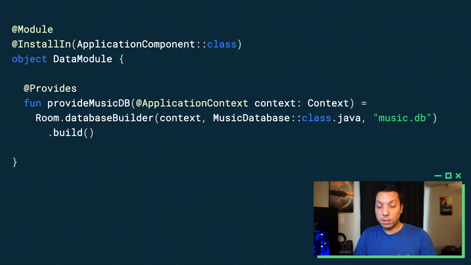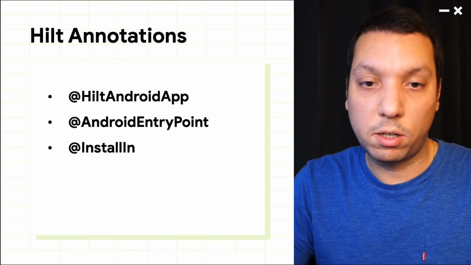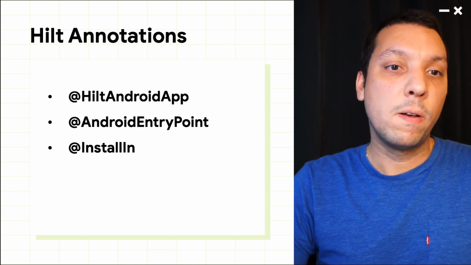The inputs of this method, the parameters, will be provided to you by Dagger, and the output is the return type, in this case a Room database that we created using the database builder from Room. That's it. With this, the music player now will be able to be created with our Room database.